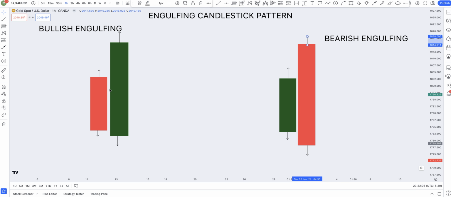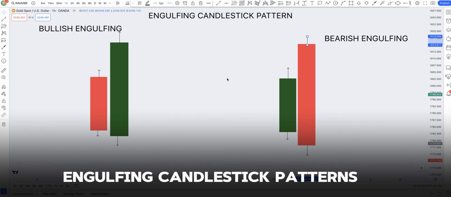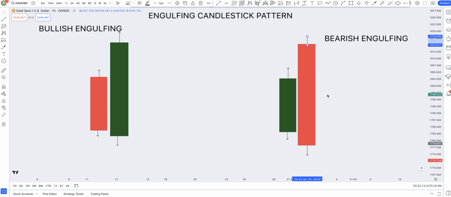The second most powerful candlestick we'll be talking about is the engulfing candlestick pattern. When you open your chart, you see these engulfing candlestick patterns on your chart. What happens is that this engulfing candlestick pattern indicates a reversal.